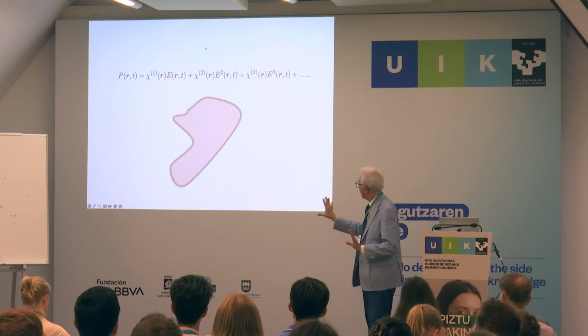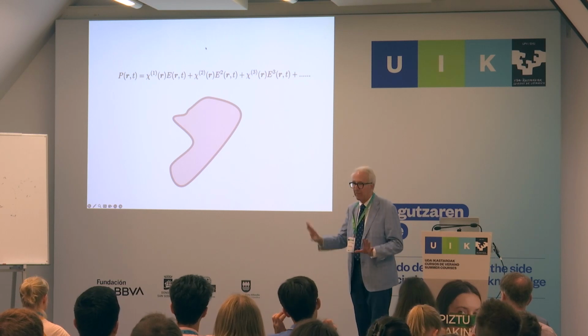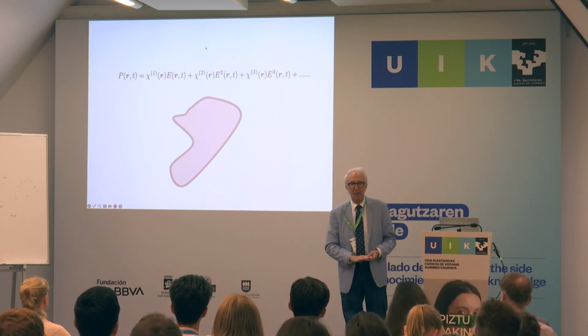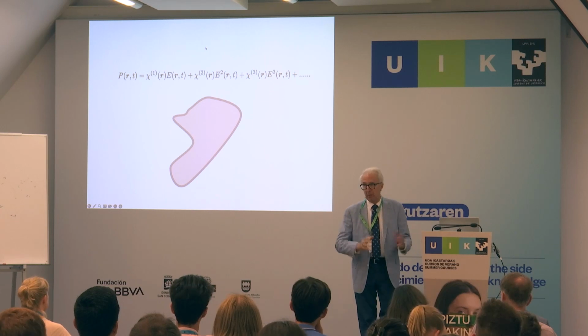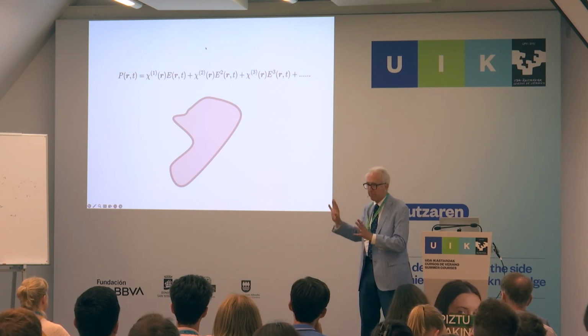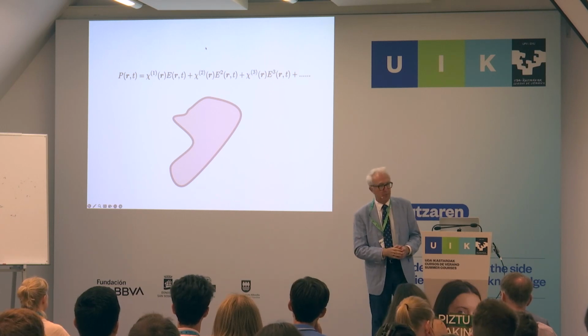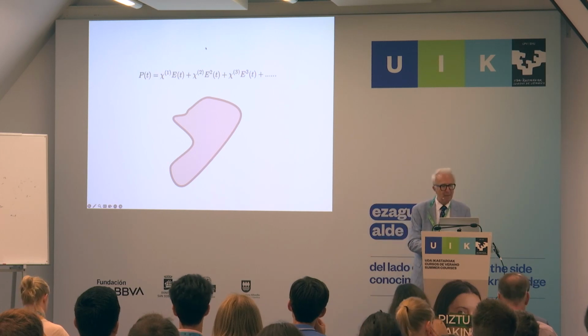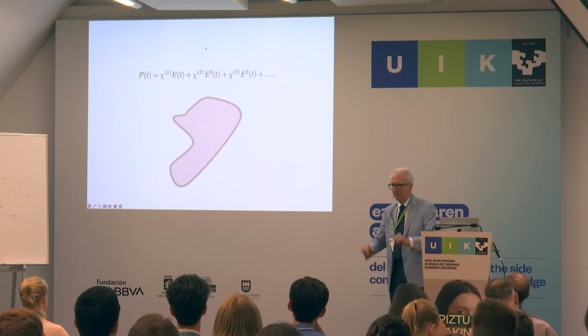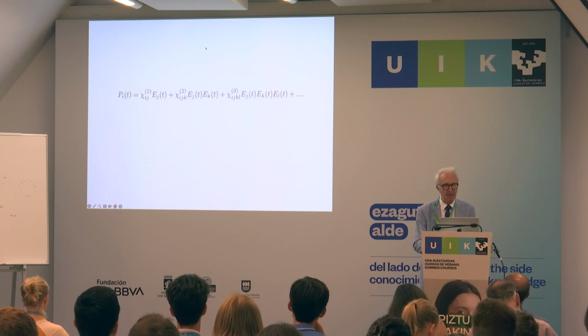Okay, so this is sometimes called the long wavelength approximation in nonlinear optics. Near the end, I'll talk about some cases where one has to go beyond this. Okay. But I'll leave off the R's just to save a bit of space, okay?